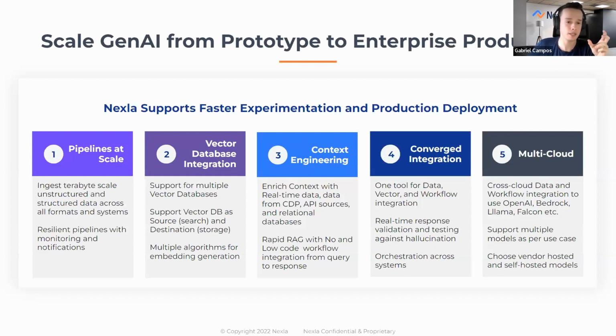OpenAI offers this mechanism, but as I mentioned in the presentation, what is important is to orchestrate this continuous data flow to make sure your data is always up to date. Also, OpenAI doesn't support real-time retrieval of data, which Nexla supports.